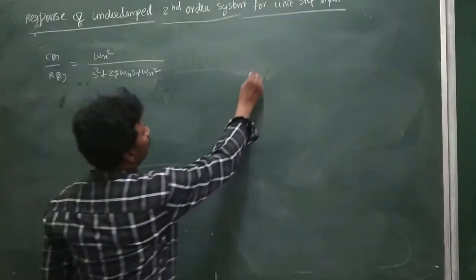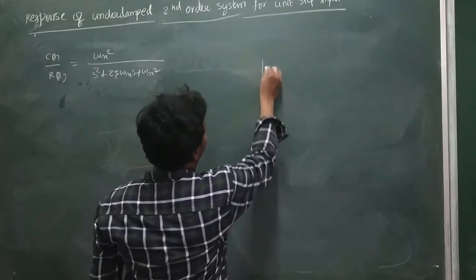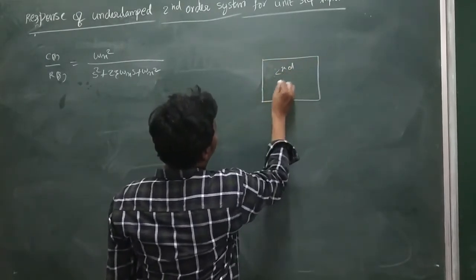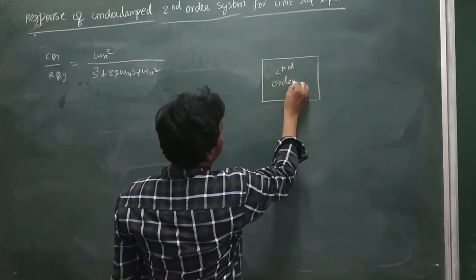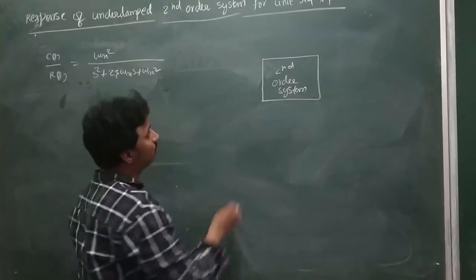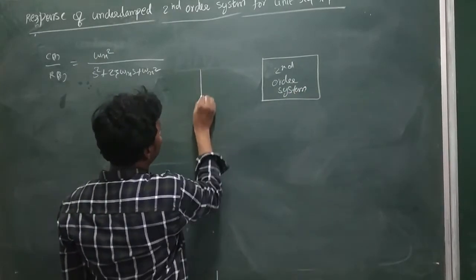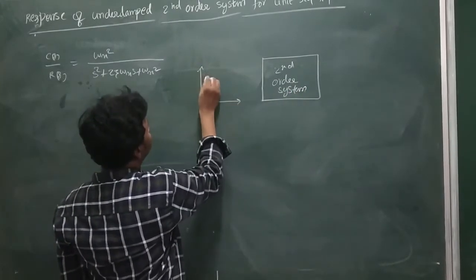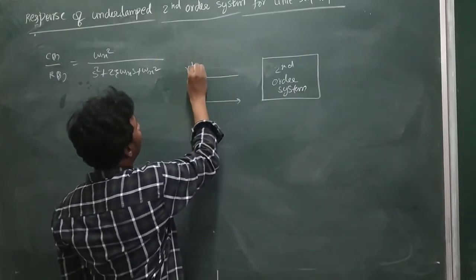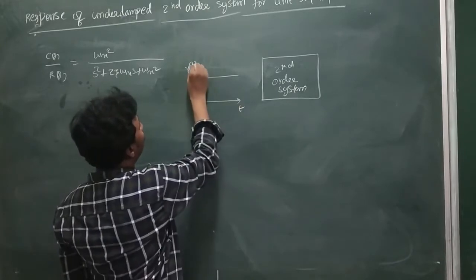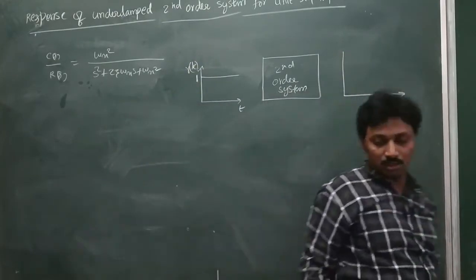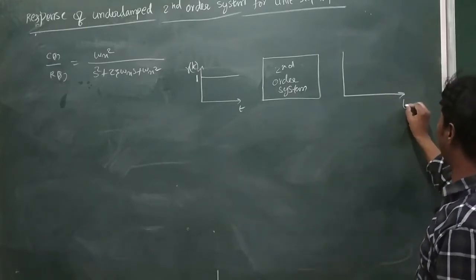So see, this is your system, your second order control system. I am just giving a step signal, and you will get the output.